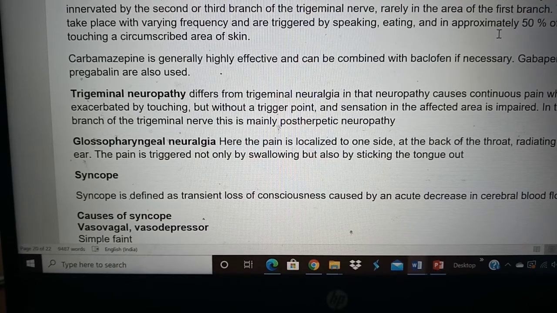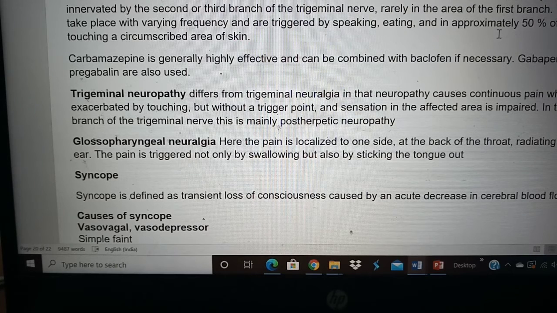Usually glossopharyngeal neuralgia is triggered when a person swallows food or sticks the tongue out. These are common triggers, and these are the common types of facial pain. As in any other pain, we can treat it with non-steroidal anti-inflammatory drugs as a first stage, and then further management can be done.